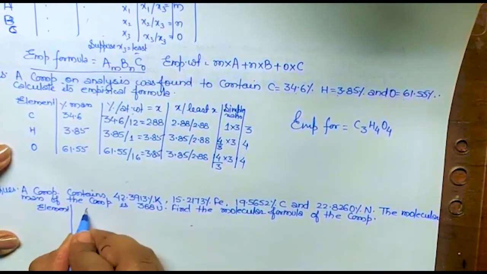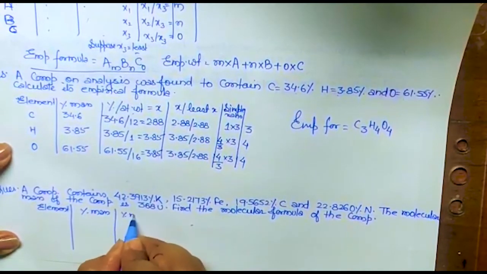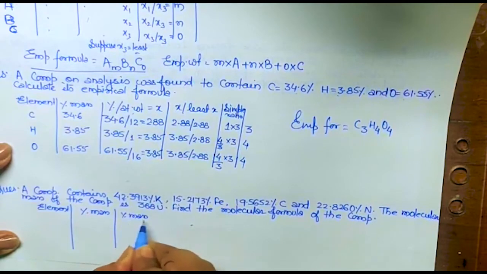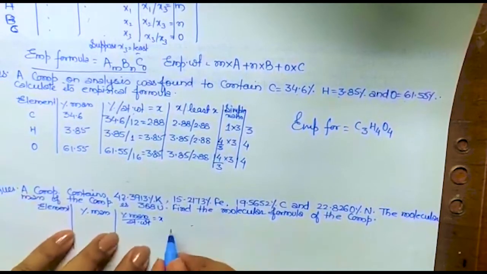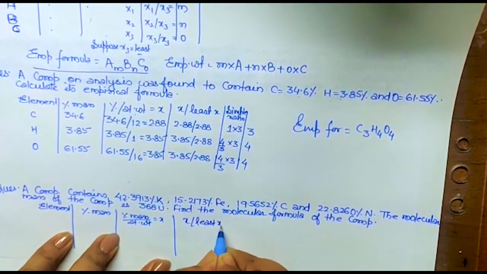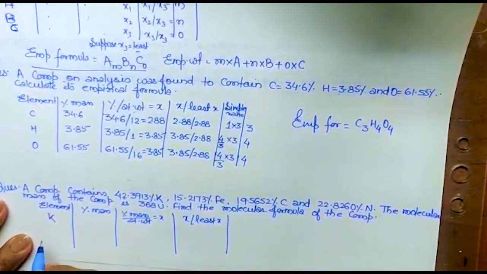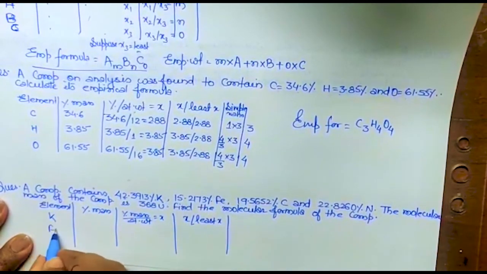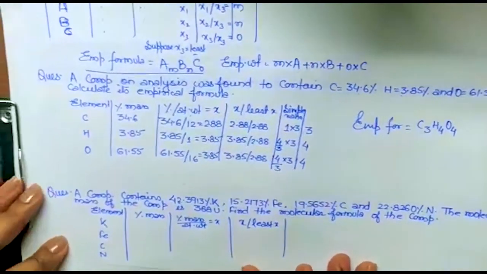Okay, so this is element, this is percentage mass, this is percentage mass upon atomic weight, that will be X. Then X upon least X. Let's see. Element is K, then Fe, then C, and then N. Okay.